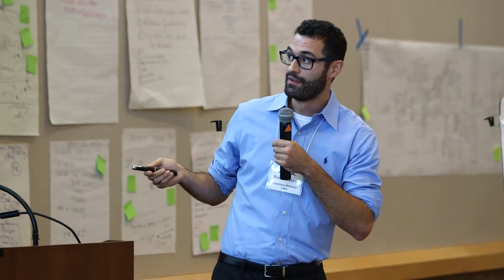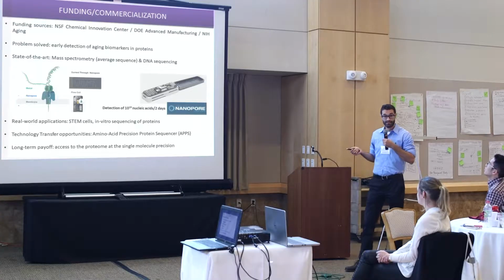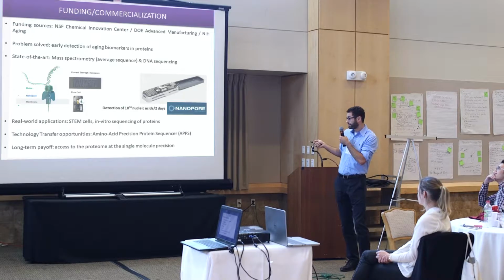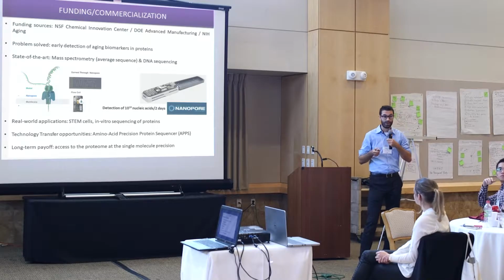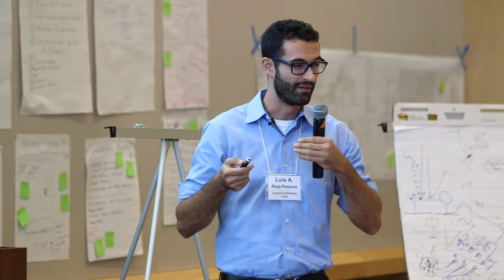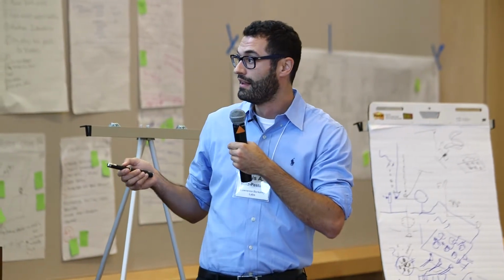State of the art, there are similar ideas that are used to sequence DNA, this pore-through kind of sequencing. But it cannot be done with proteins because DNA technology is based on electric current readings, and that apparently is not very feasible for proteins, but it's sort of the same idea.